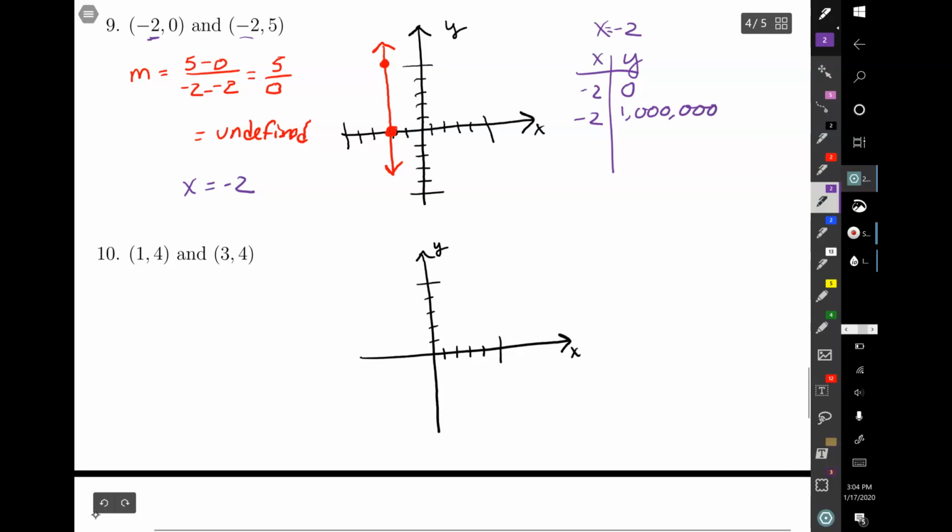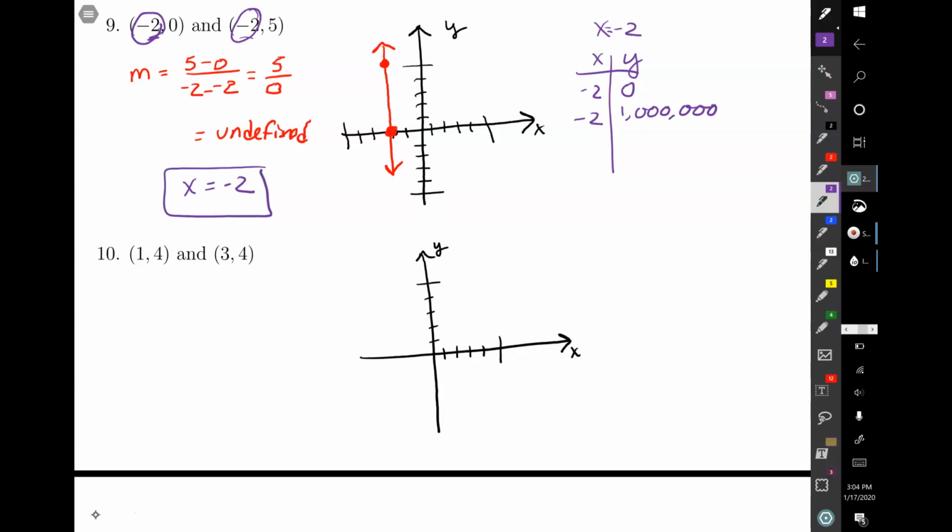It really is anywhere, as long as there's no restriction, it would go to infinity. So you can notice here that -2 you have for both x's. So that would be my equation, x equals -2.